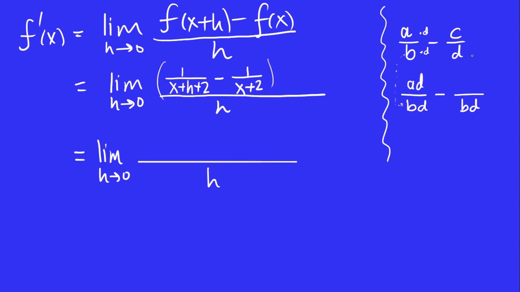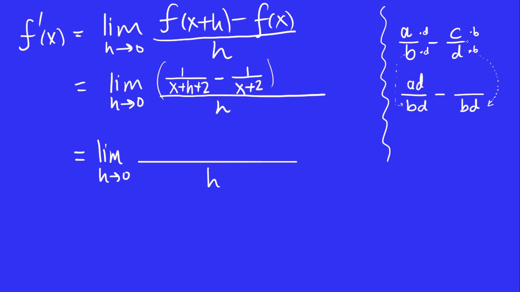Now let's apply the same idea here. It was d, but I want to now make it into bd. So what do I multiply d by to make it into bd? Well, that's pretty obvious. I multiply by b, right? If I multiply a fraction, either the top or the bottom by a number, I have to multiply both the top and the bottom by that same number in order to preserve the fraction, so it's still the same.